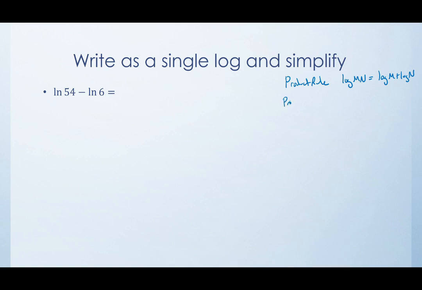We have our power rule, which was log of, let's say, a to the b was equal to b log a, and we had our quotient rule, which was log of m over n. So log of a quotient was the difference of logs.